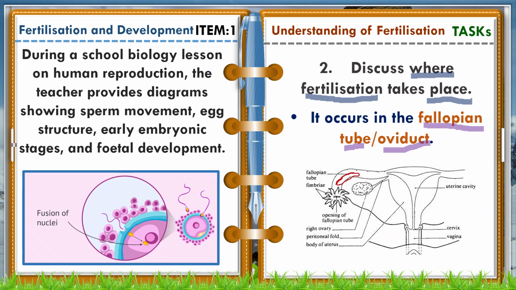That's where fertilization will take place. This is the ovary. These are fallopian tube fimbriae, and this is the fallopian tube. So this point here is where fertilization takes place.